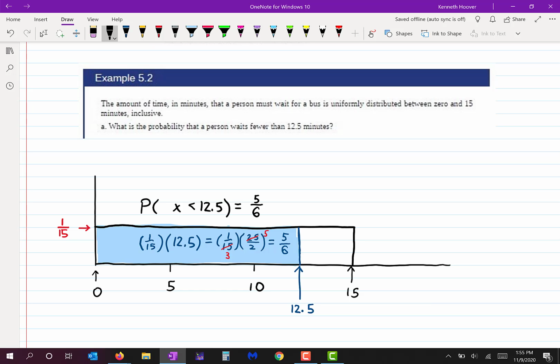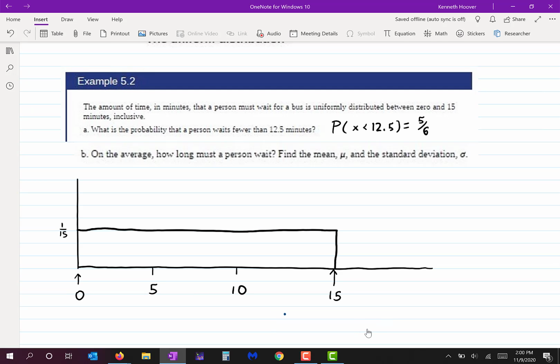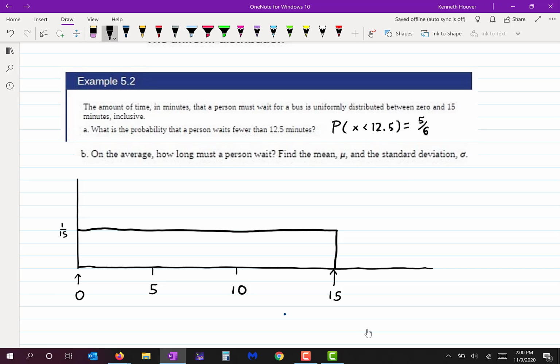Now we're going to answer another question about this same probability. By the way, our answer to question A was 5/6. If you want to write that as a decimal, that's about 0.833. Okay, so 83.3%. That's your probability of waiting less than 12.5 minutes.